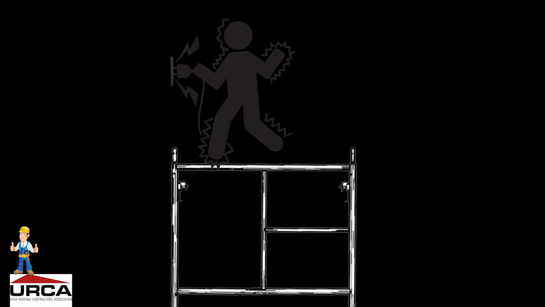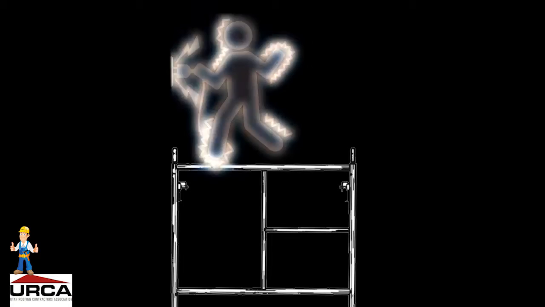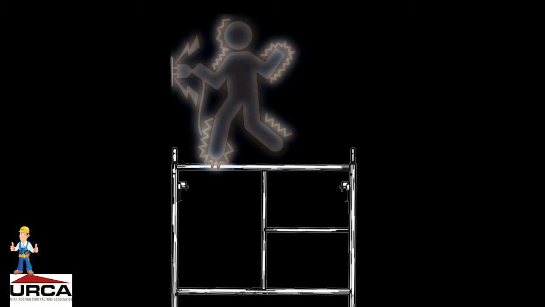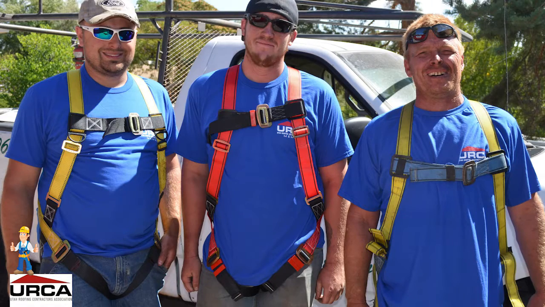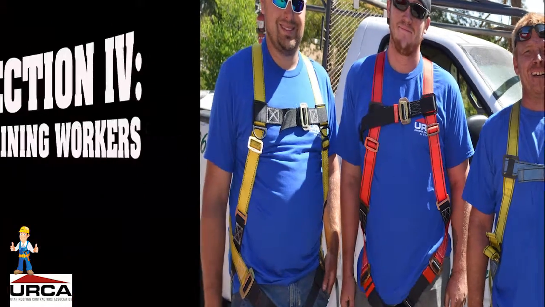A short in electrical equipment can energize a metal frame scaffold and its components. Workers who receive an electrical shock can lose their balance and fall. Therefore, all such equipment should be protected by GFCI or other types of grounding, and workers should wear and utilize fall protection.